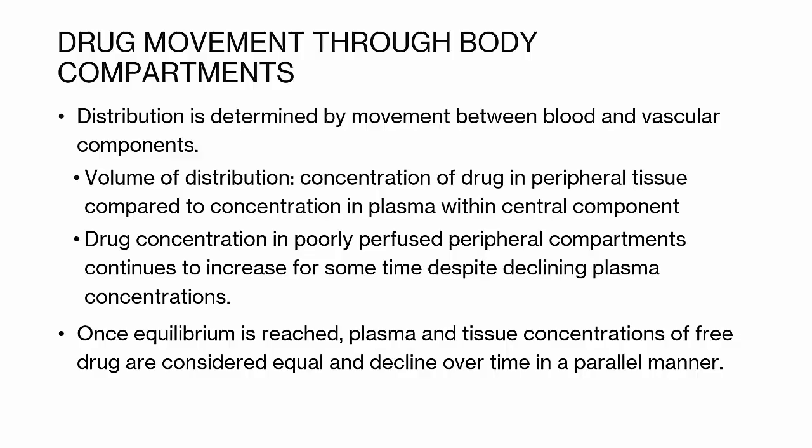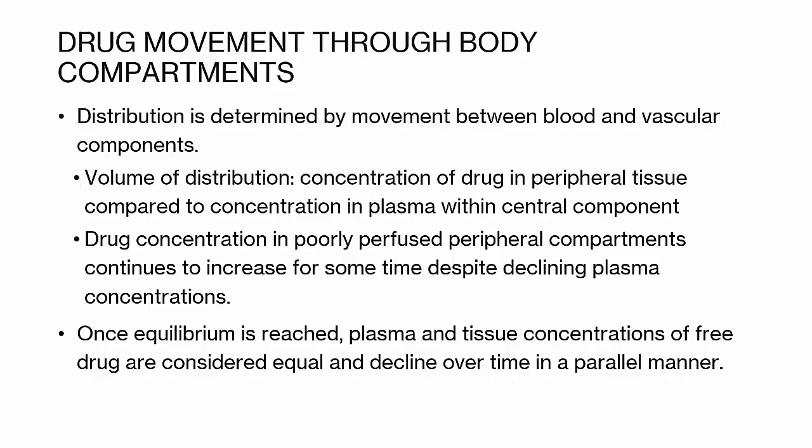The volume of distribution is an important pharmacokinetic factor influencing the distribution of the drug in the body. The volume of distribution is the concentration of the drug in the peripheral tissues compared to the concentration in the plasma within the central compartment.